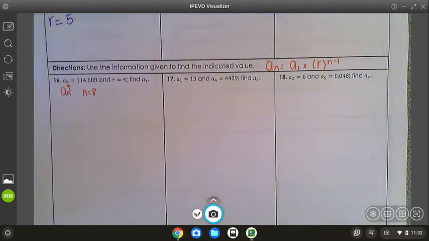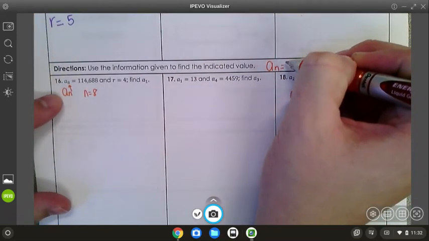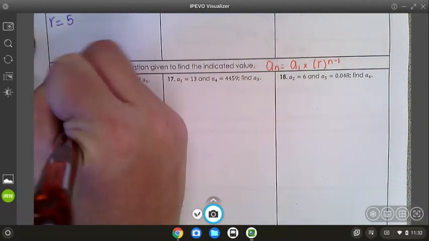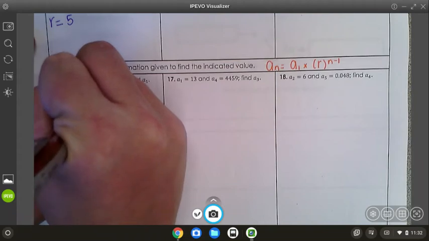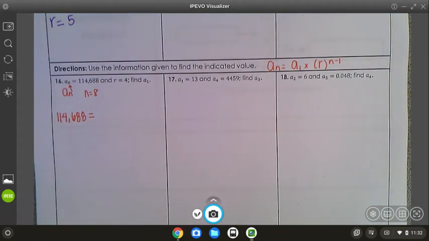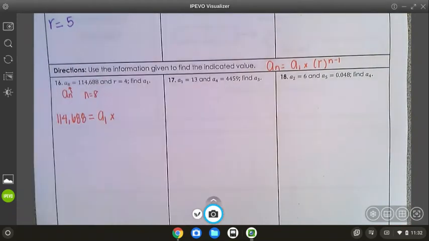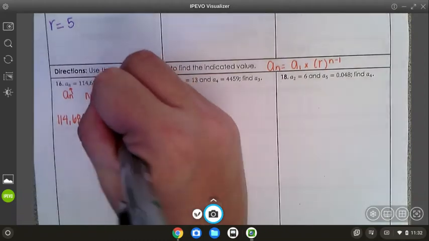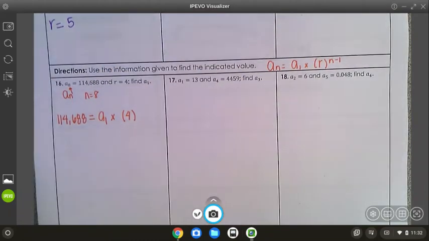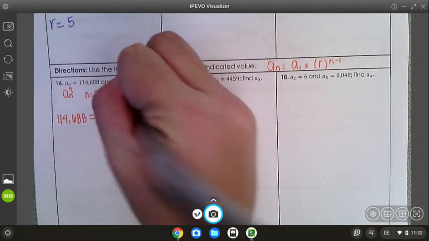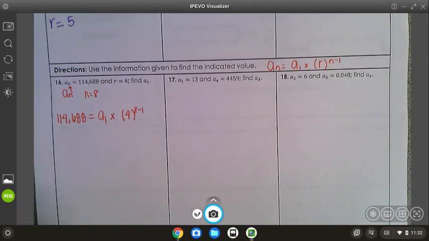So in the formula, A_n, well, that's going to be this 114,688 equals my A1. I don't know that. My r is 4, and my n minus 1 would be 8 minus 1. Because remember the little number, that's your n.